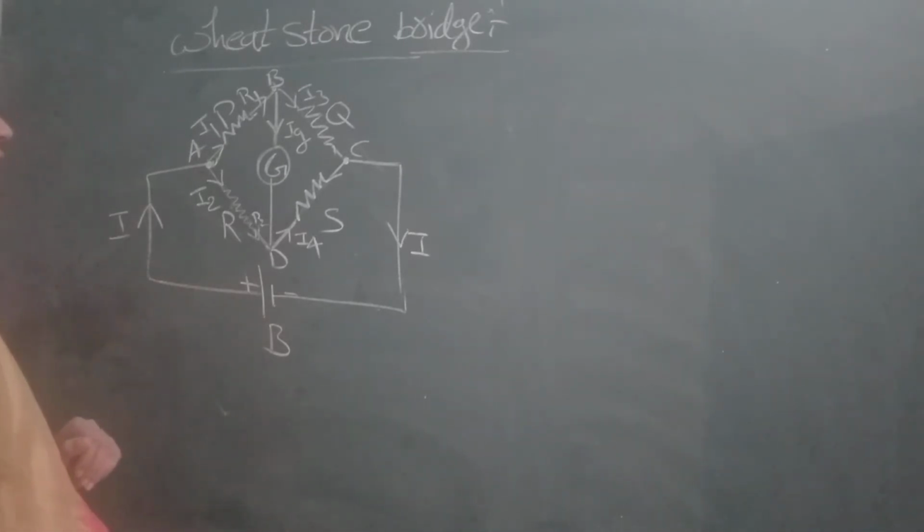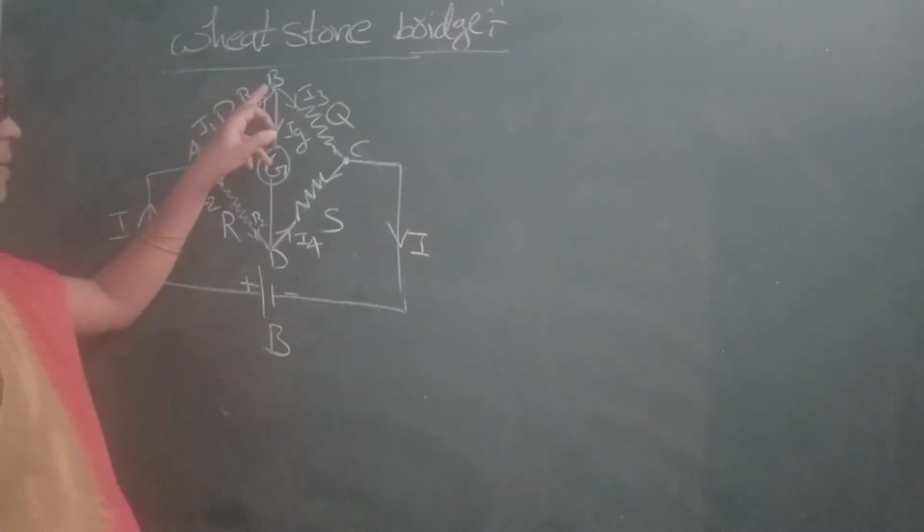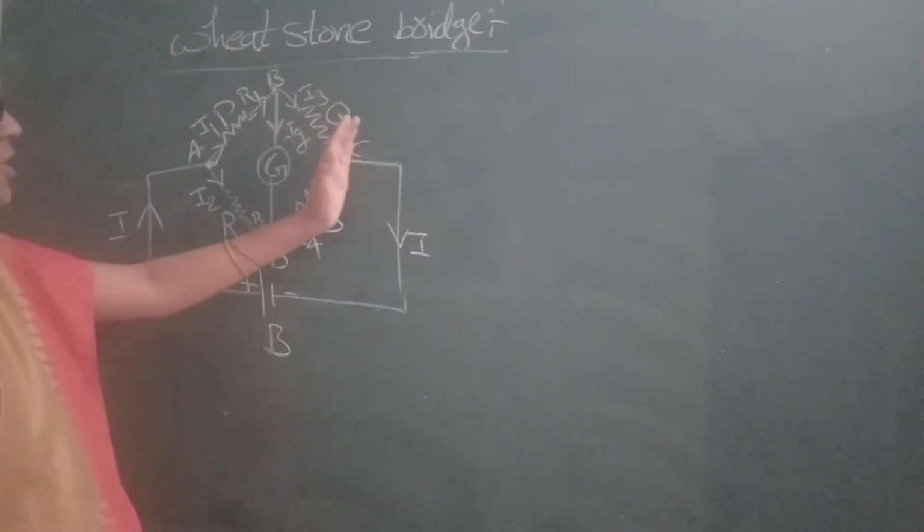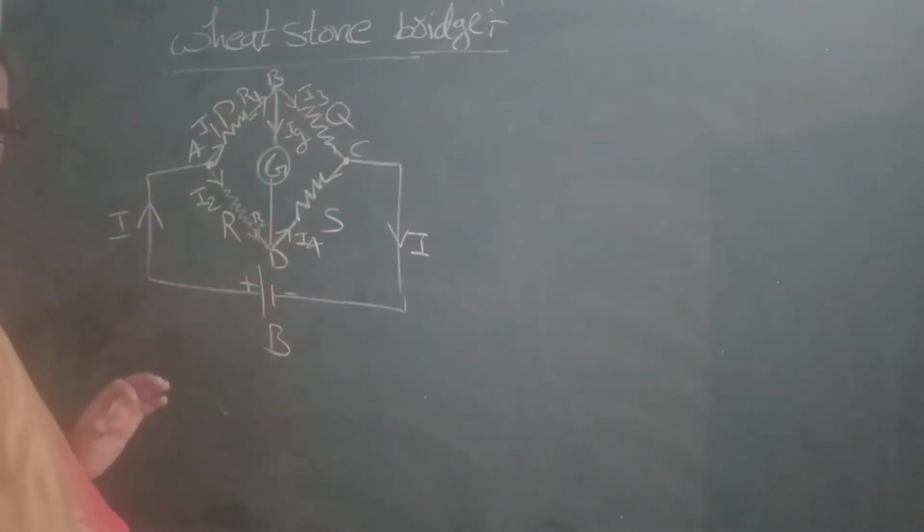We are observing 2 loops, one is A, B, D, A and the other is B, C, D, B, applying Kirchhoff's voltage law.